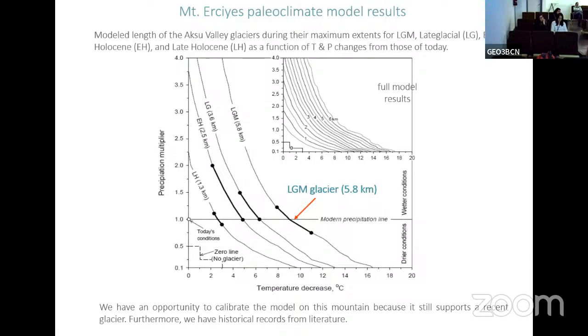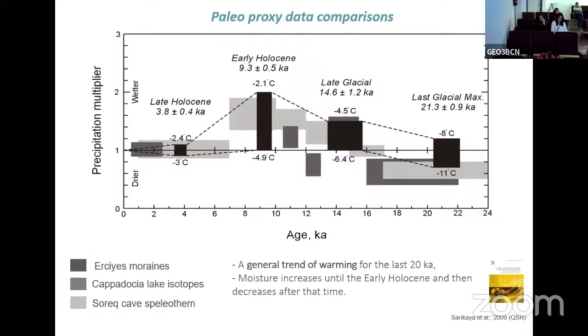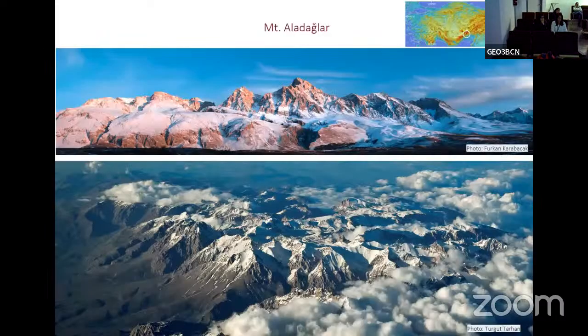In the Pyrenees, it's a little different. It's a little earlier for different reasons, but in Anatolia, this was the case. We compared this with some proxy data. You can take lake isotopes or speleothem data here, and they fit pretty well. I won't go into detail.